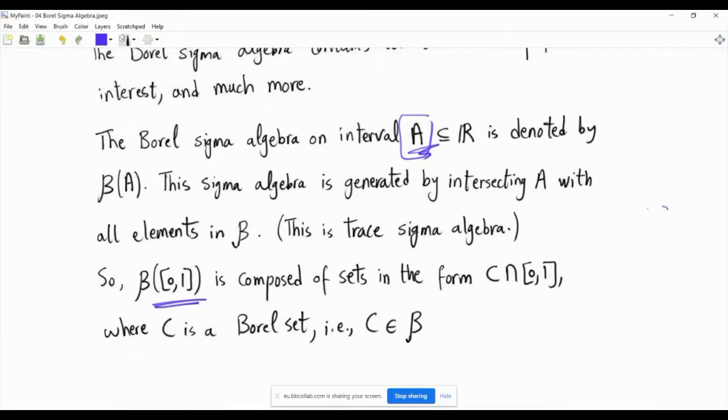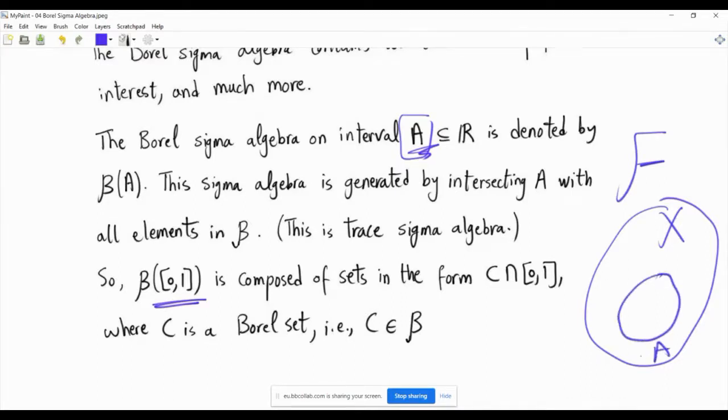If you have any set, let's call it big X, and you have a sigma algebra defined on that set, and you choose a subset of X, let's call it A, and you intersect everything in the sigma algebra with the subset A, then you will get a collection of subsets. You can show rigorously that this collection is a sigma algebra on A itself. The proof is optional.